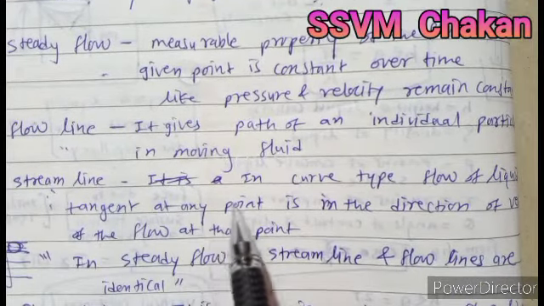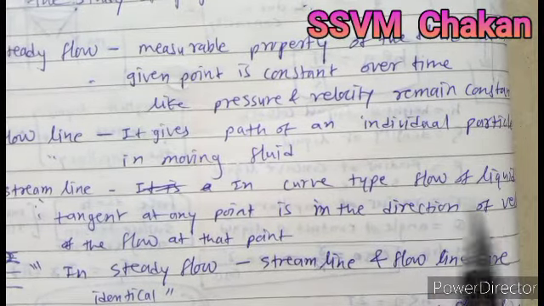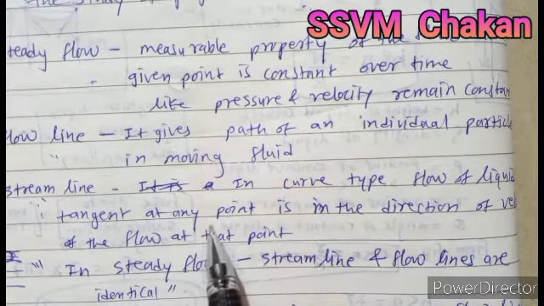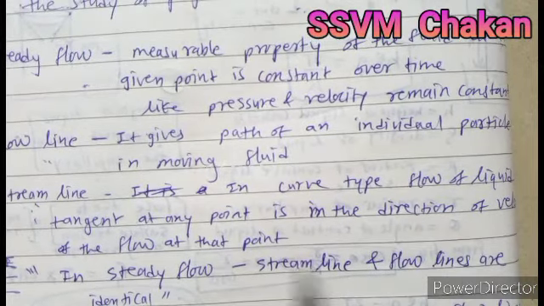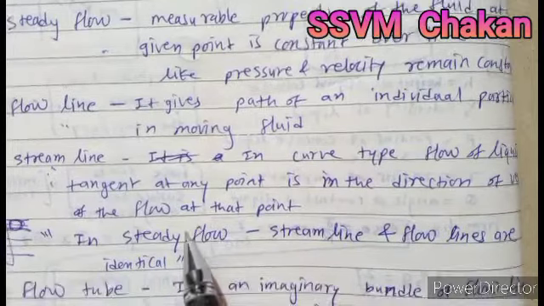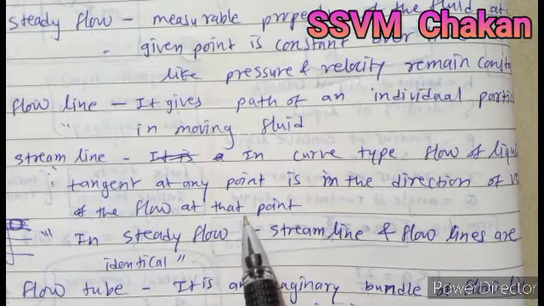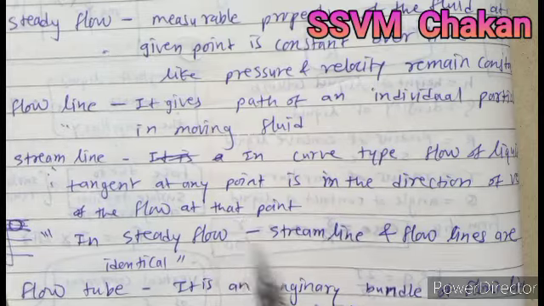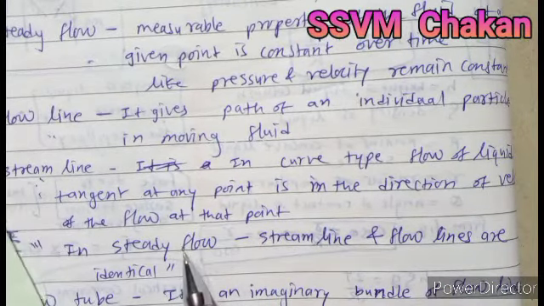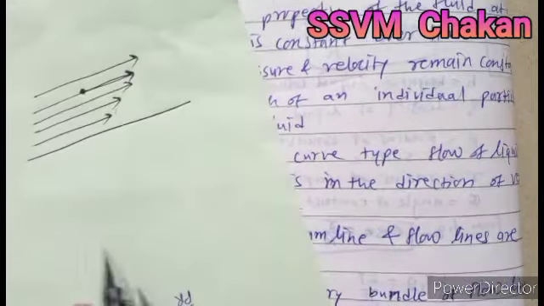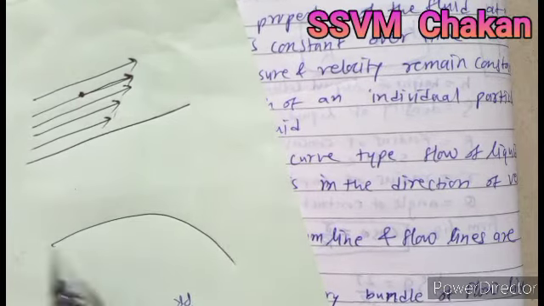Streamline. In a curved type of flow of a liquid, the tangent at any point is in the direction of the velocity of the flow at that point. What is a streamline? Suppose water is flowing and suddenly it falls in a downward direction.